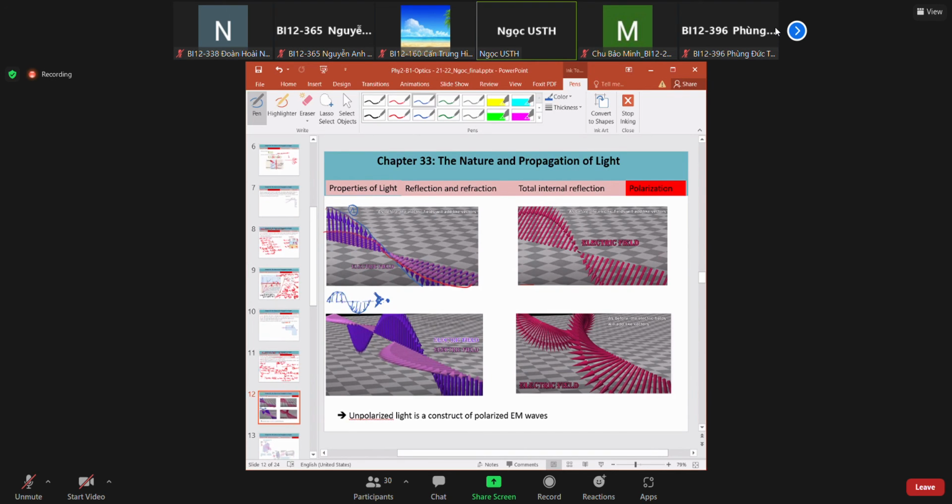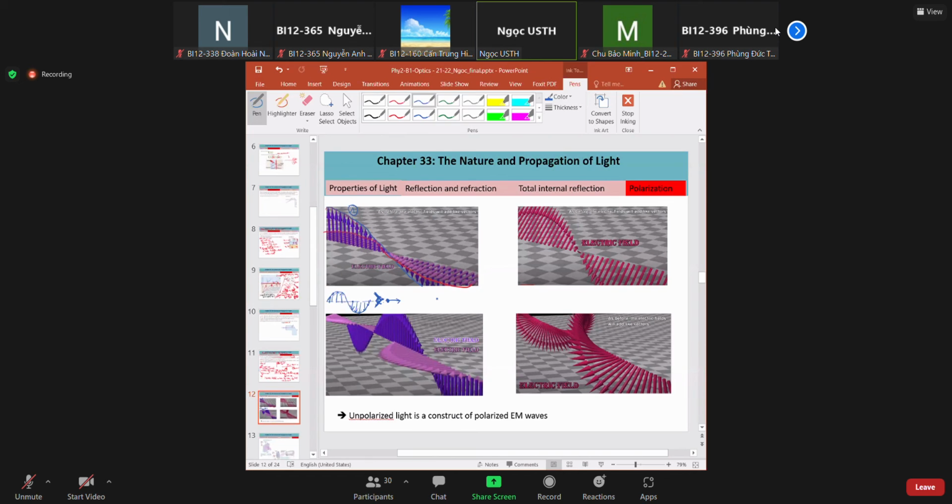You look at the directions and the magnitudes of the electric field. So tell me how it looks.